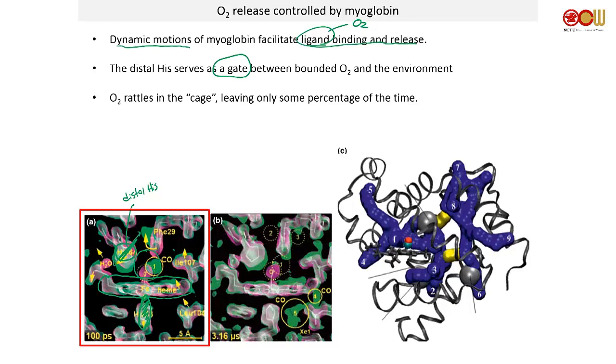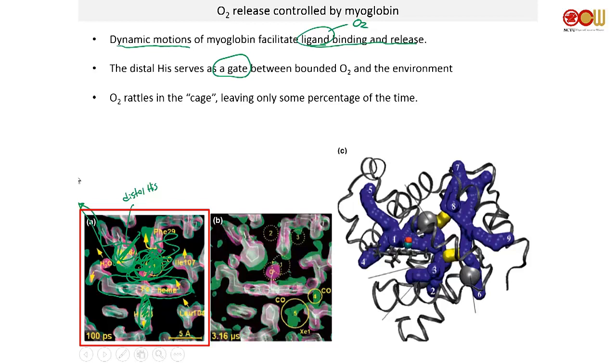It moves, and then it sort of prevents your O2 from leaving, and it's like a gateway for the molecular oxygen to move out. So your O2 will move around inside the cage, leaving only a small percentage of the time. So essentially your O2 is going to be like, whoa, like that. And then sometimes when the door opens, this guy flies out.